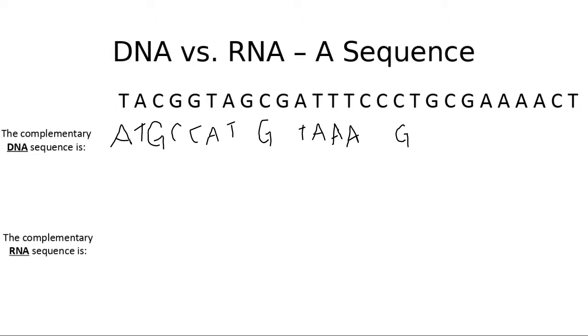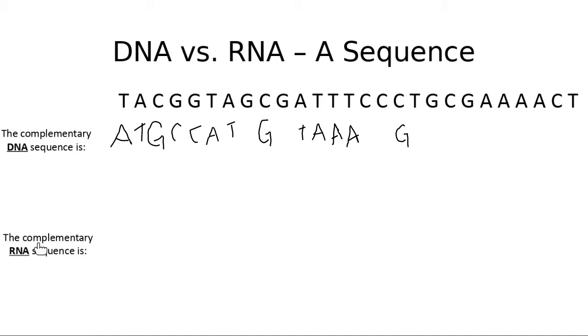But here's how we build a complementary DNA sequence. If the question asks you for complementary DNA, that's really easy, really straightforward. It's always just A's and T's, C's and G's.